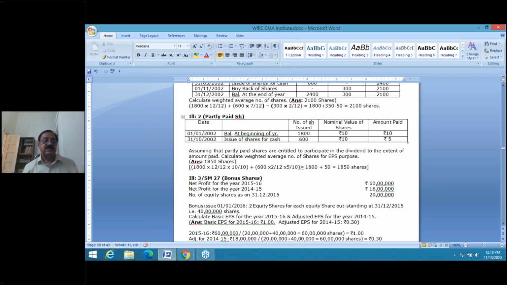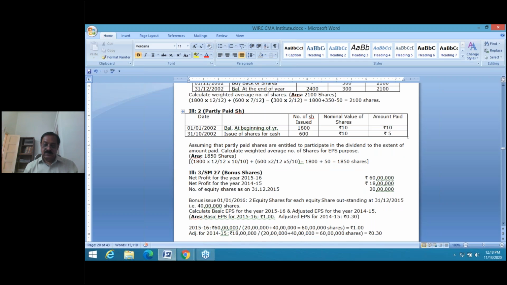Okay, so accordingly, friends, as I said, you give 2 weights. 1800 into time weight 12 by 12, outstanding amount is also 10 out of 10, so it will be 1800. Then for 600 shares, they are outstanding for only 2 months out of 12, November, December.